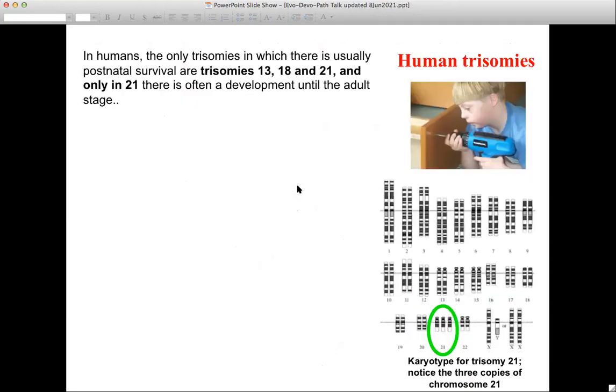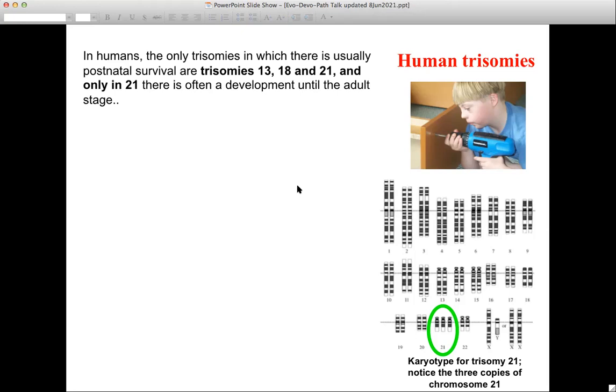So we study a lot of trisomies. As you know, there are many types of trisomies, one for each chromosome, but in humans, the ones that can normally survive after birth are 13, 18, and 21. 13 and 18 are very severe. Normally they die in the first or second year.